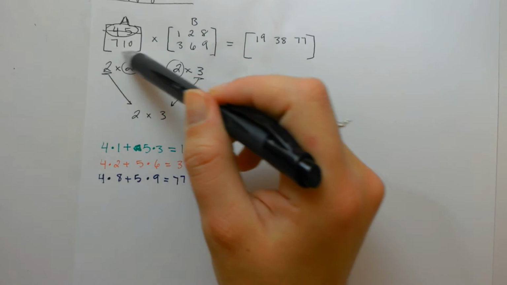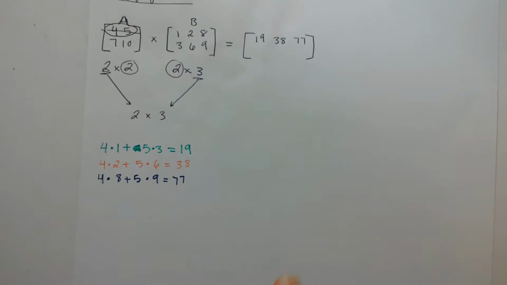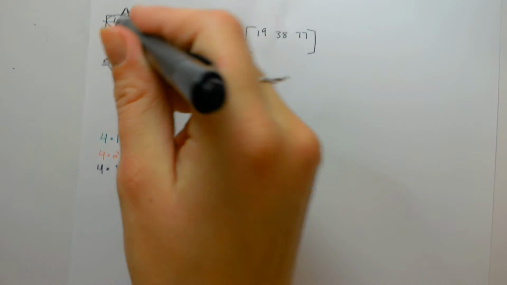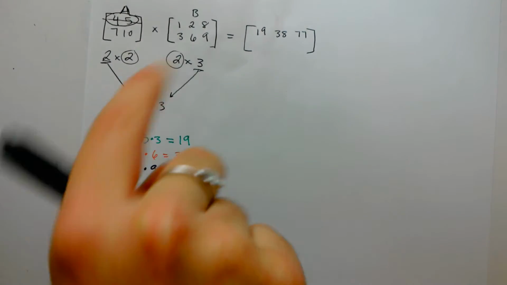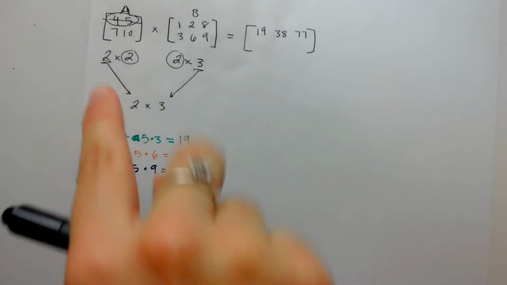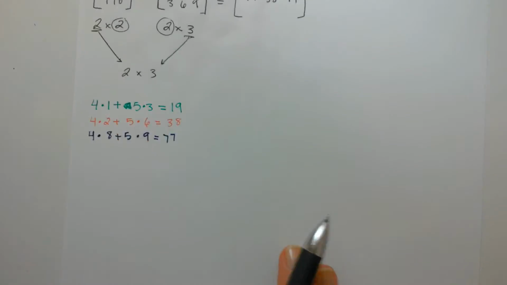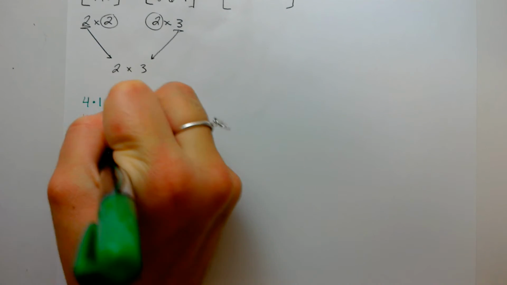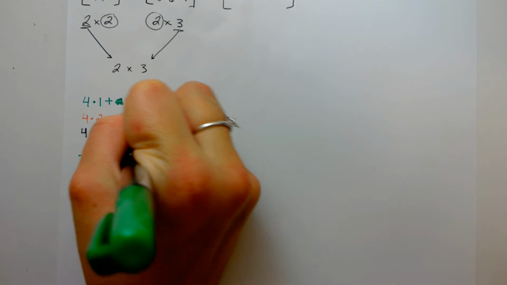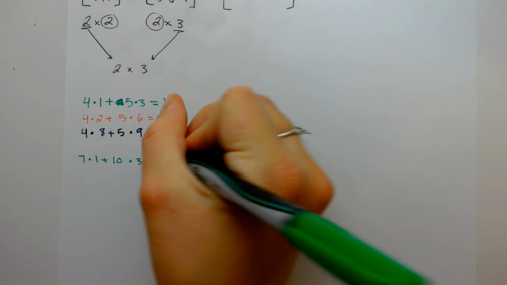Now you're going to focus on your 7 and 10. You're going to do the same thing, turning it, and it's going to have your 7 times the top row because now it's turned to be on top, and your 10 on the bottom row because it's turned to be on bottom. So you're going to start with 7 times 1 plus 10 times 3 equals 37.